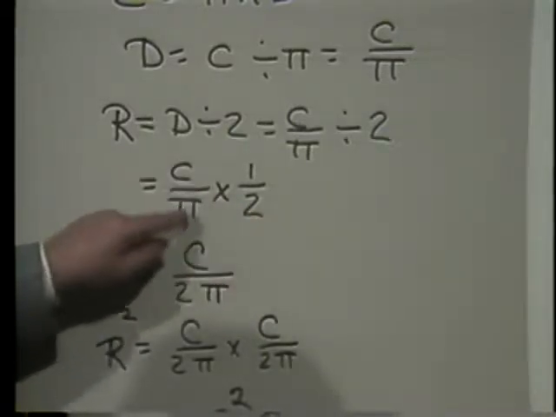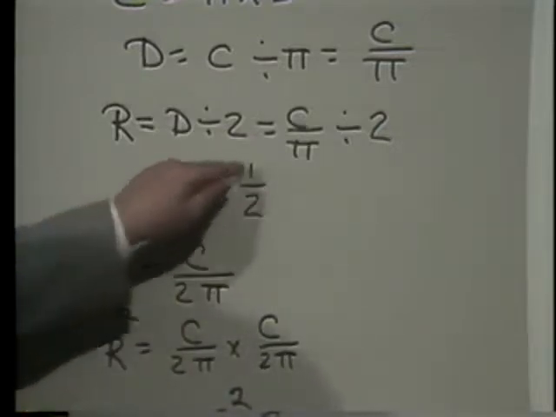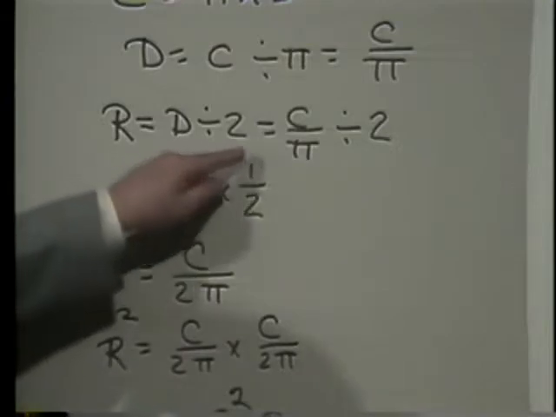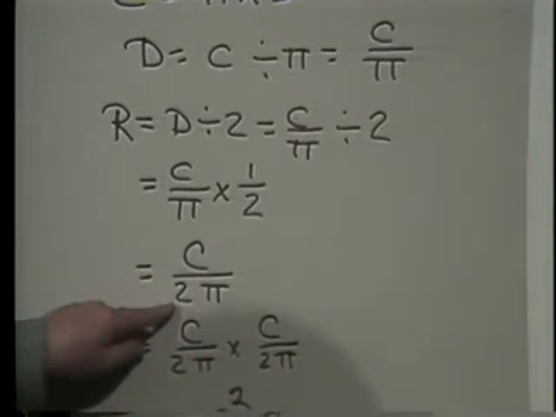So this becomes c over pi times 1/2. How do you multiply two fractions? You multiply the two numerators, that's c times 1, multiply the two denominators, that's 2 times pi, which we write as 2 pi. See, it's like saying 2 pies. See, 1 pi 2 times is 2 pies. Here we're just saying 2 pi. So it's c over 2 pi, okay?